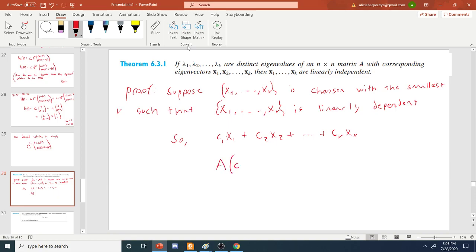If I apply A to this, then A c1x1 plus A c2x2 plus up to cr xr is the same thing as c1 A x1 plus c2 A x2 plus up to cr A xr. By the way, this is equal to 0 because it's a linear dependence relation.